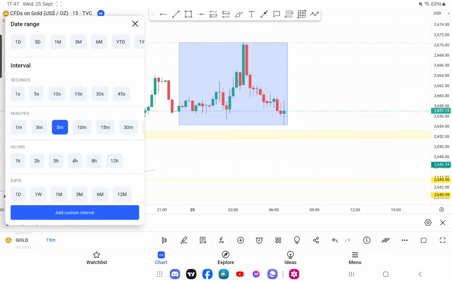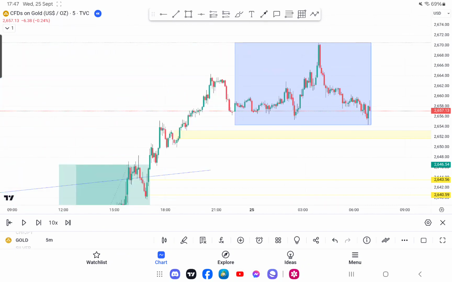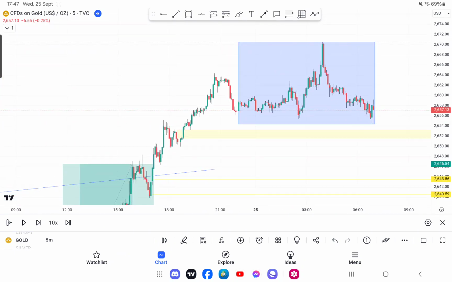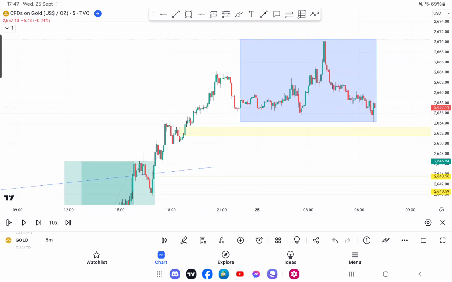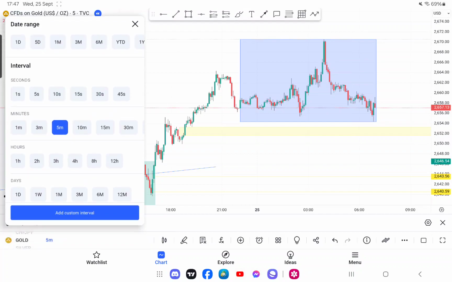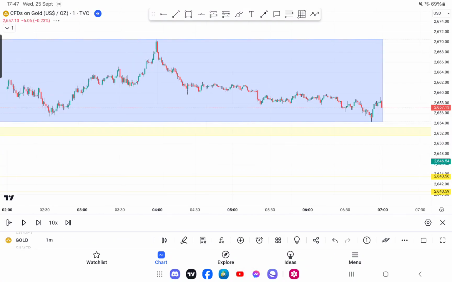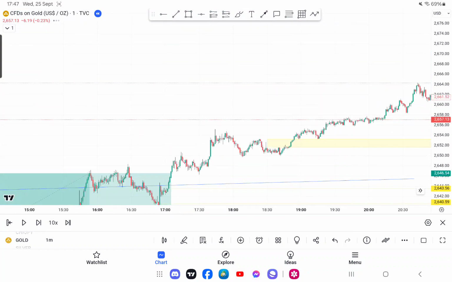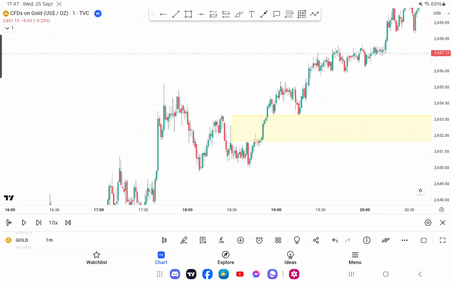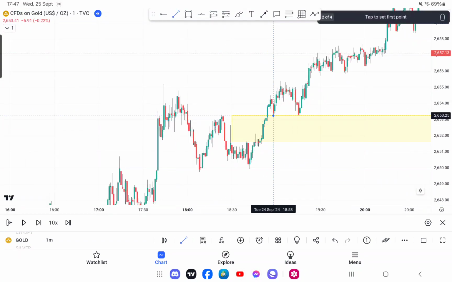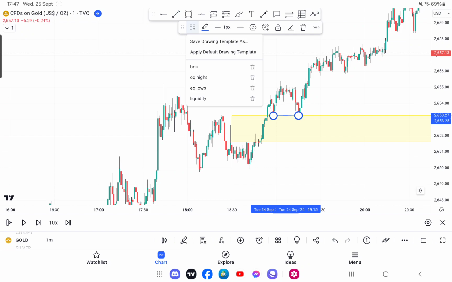Once we go down as well, we've possibly got equal lows just above it. I'll show you on the 1 minute. So possible equal lows just above the imbalance here. Equal lows.